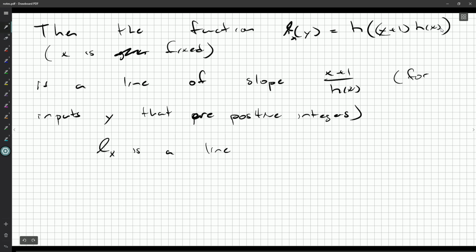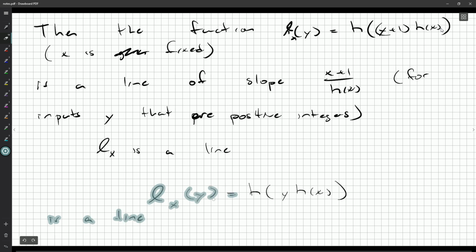And that's not going to work. So maybe I should change my lines a little bit. So maybe if I do L of x, y is h of y, h of x.